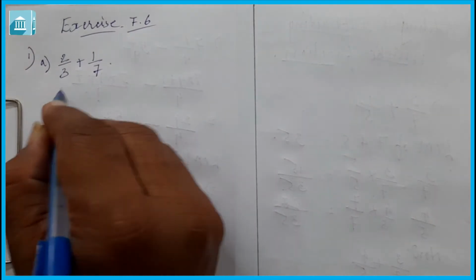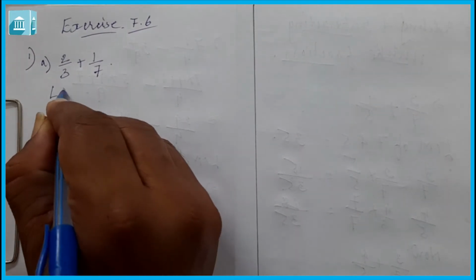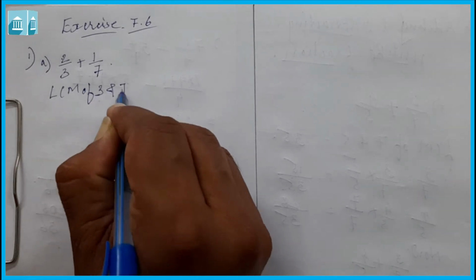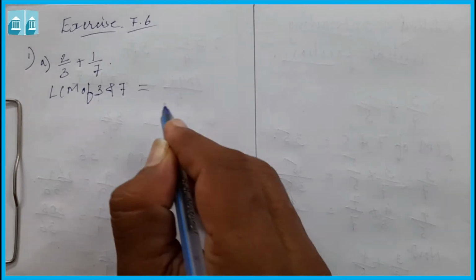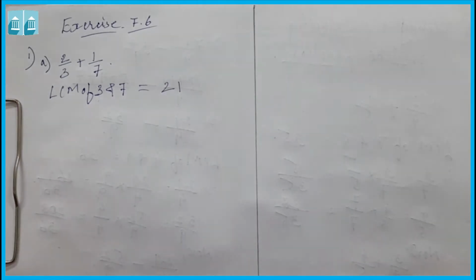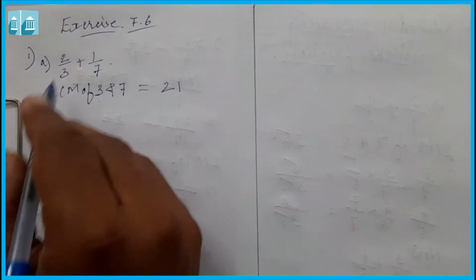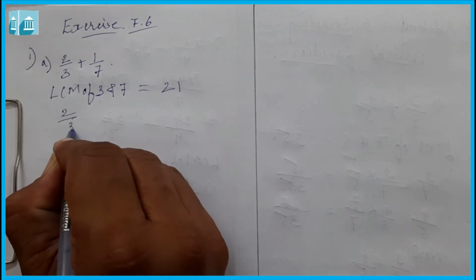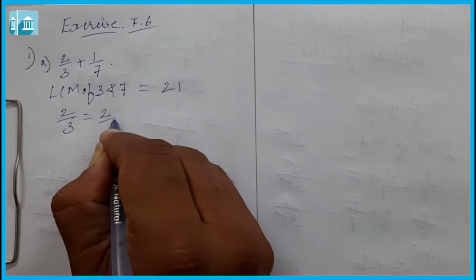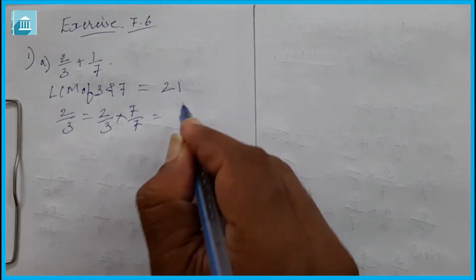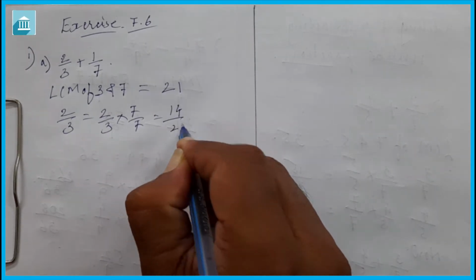Now to solve it, first we have to find the LCM of 3 and 7. LCM of 3 and 7 is equal to 21. So now we need to convert this. 2 by 3 is equal to 2 by 3 into 7 upon 7, which is equal to 14 upon 21.